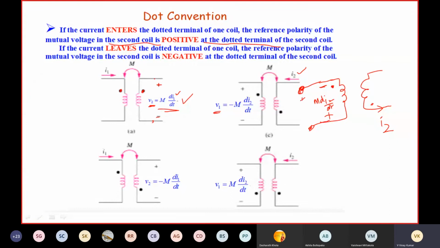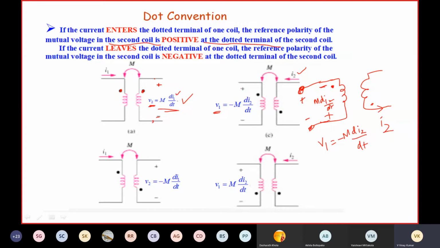You are collecting voltage at this point with respect to this point, which means that voltage V1 is equal to minus M di2 by dt. Don't get confused here.